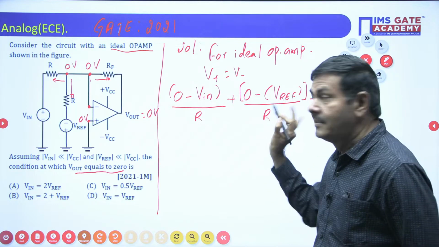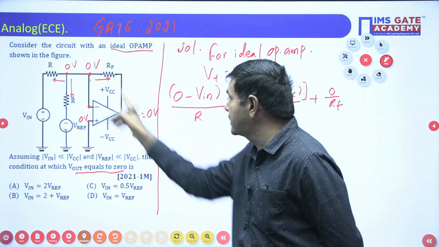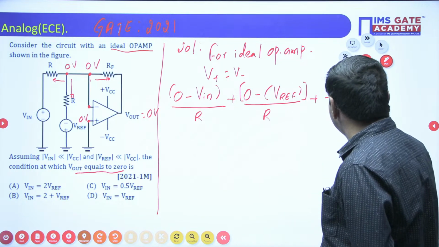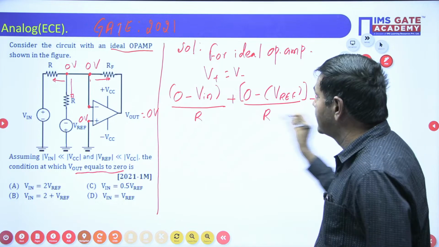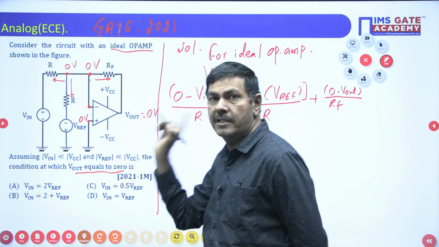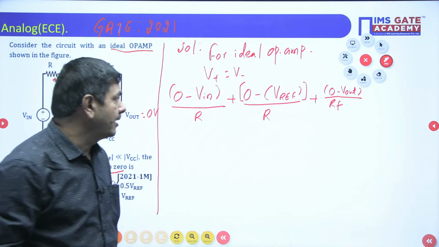Otherwise, in a perfect way, it is 0 minus V out, this voltage minus this voltage over RF. V out is 0 voltage only. Now we can write the condition clearly.